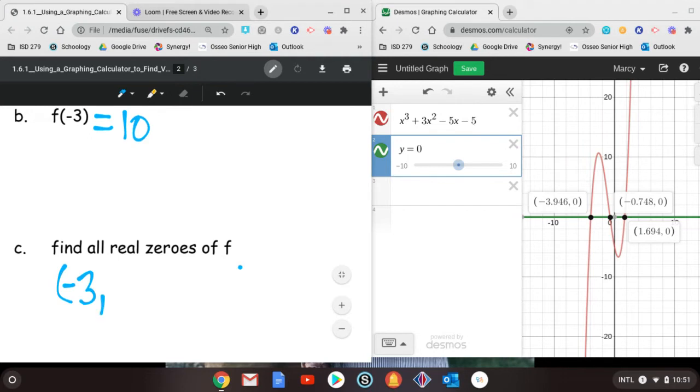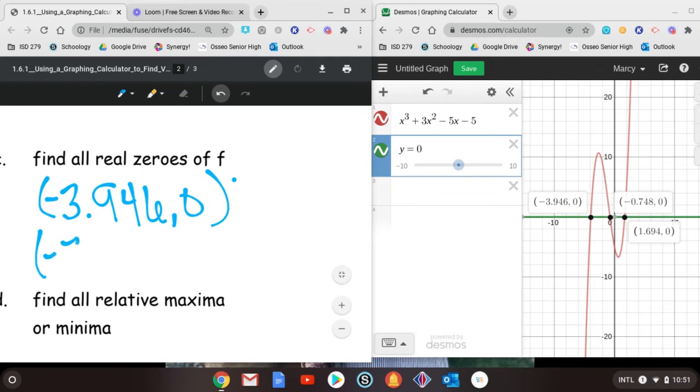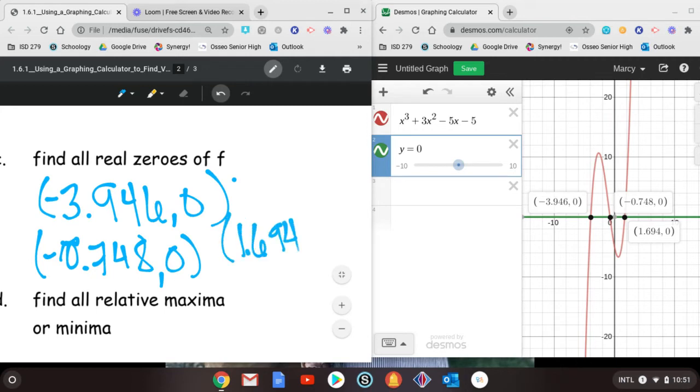negative 0.9460, negative 0.7480, and then my last point is 1.6940. So a lot of these ones that we do on the calculator are going to be really icky.